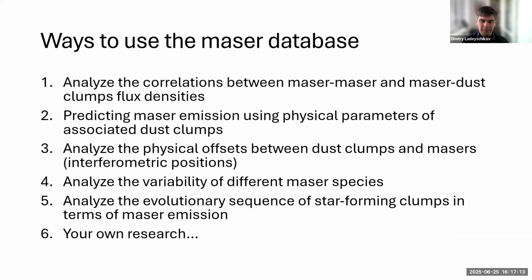So how can we use this maser database? There are plenty of things you can do. First is the correlation between maser flux and dust clump parameters. Second is predicting maser emission toward sources that are not observed. Third, you can analyze physical offsets between dust clumps and maser positions, so studying interferometric positions.